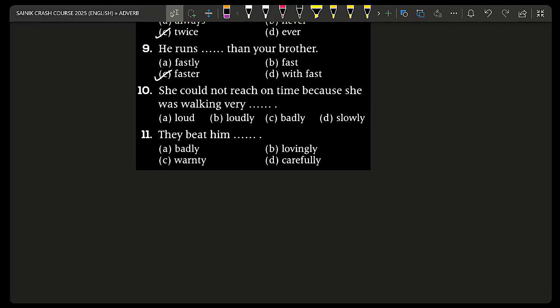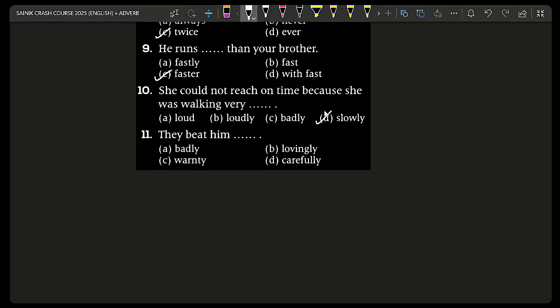She could not reach on time because she was walking very dash. Walking can be related to which adverb? Sir, slowly. Yes, slowly is correct.